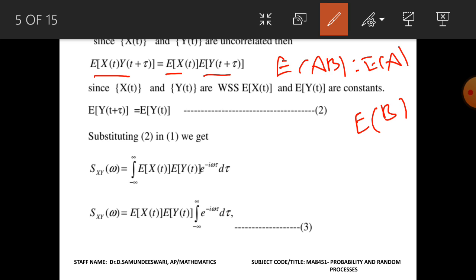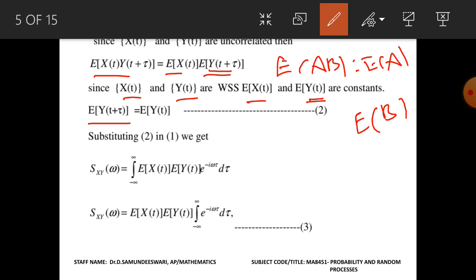And also we know that if both x(t) and y(t) are WSS processes, WSS meaning wide sense stationary process, then their mean values E[x(t)] and E[y(t)] are constant terms. So how can you write E[y(t+tau)]? If E[y(t)] is constant, then automatically E[y(t+tau)] is also a constant.